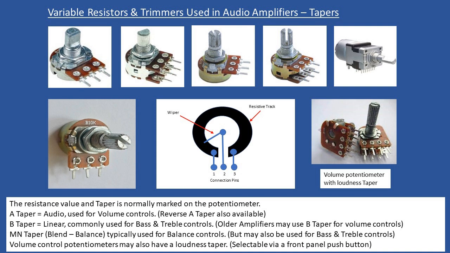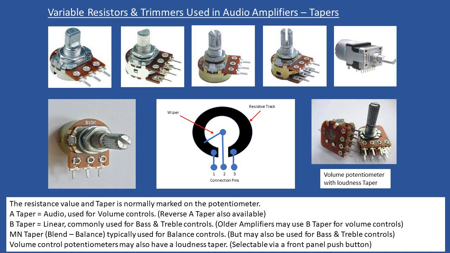So often the balance control was used to compensate for differences in either channel. And you know yourself with your own hearing, you may say my right ear is a lot better than my left, and that's just normal. Nothing's exactly the same. So with the blend type, as you rotate it, you're able to increase more the left or decrease more the right, depending on what you want to do.